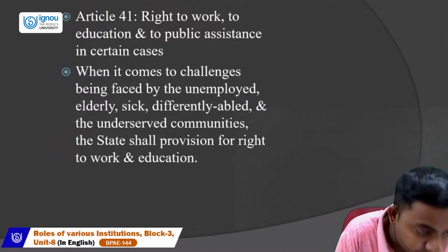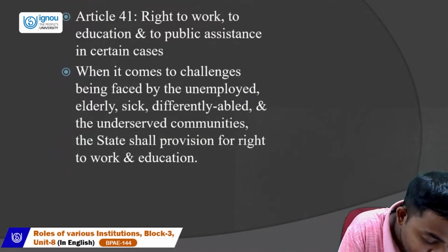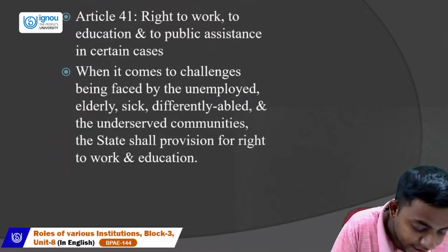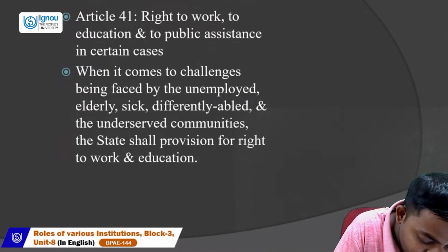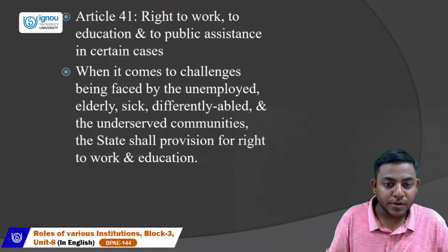So that is why the judiciary, in its judgment, Minerva Mills versus Union of India 1980, it said that the harmony and balance between directive principles and fundamental rights is an essential feature of the basic structure of the Constitution.